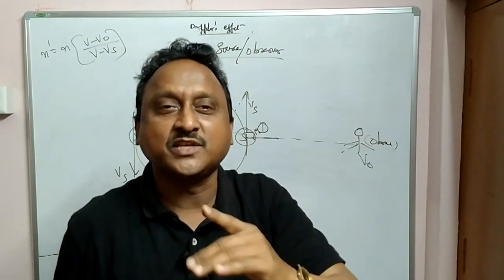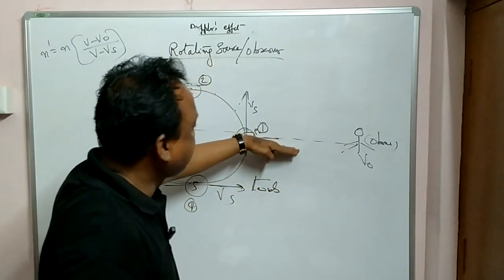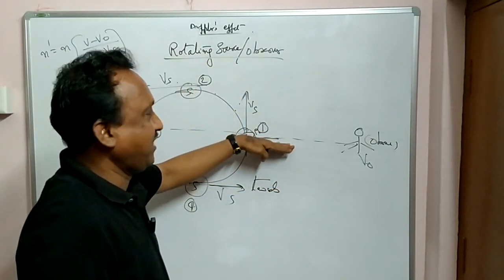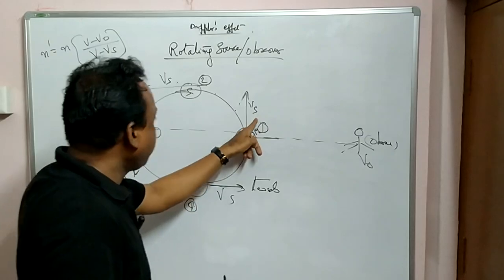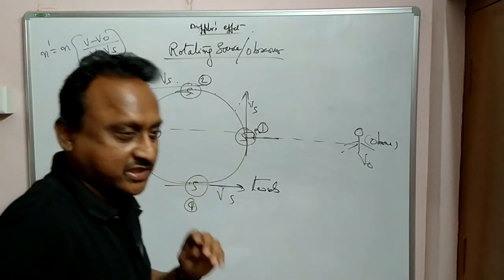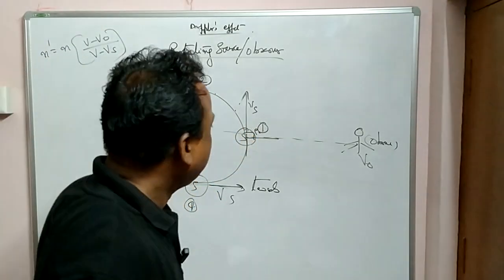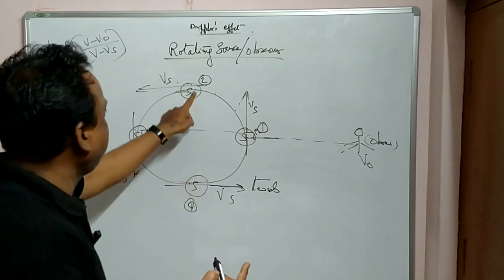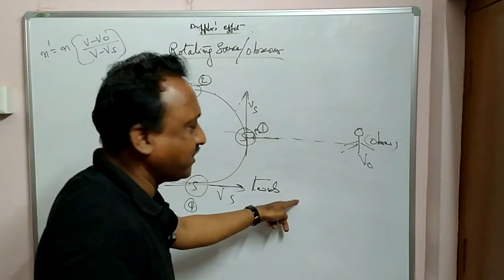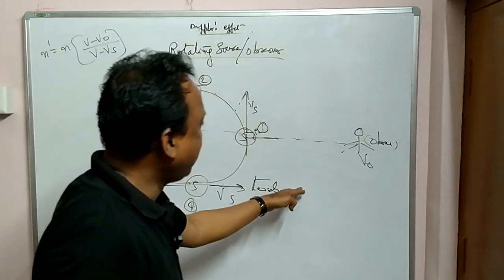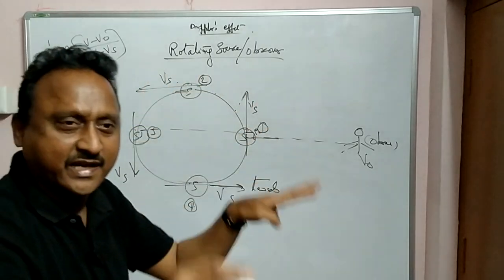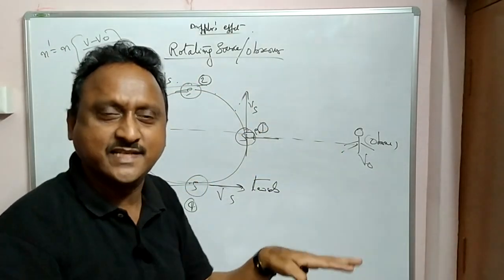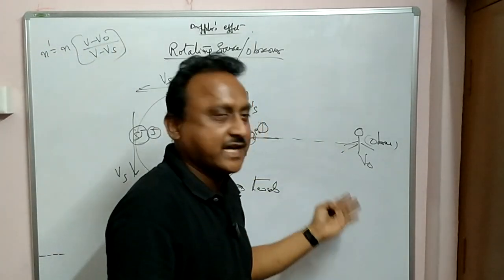So V cos 90 is zero, so along this direction there is no component. So the velocity of the source in this condition is 0. So when is it maximum or minimum? When the source is going away and coming towards. When going away the sound decreases, an apparent change in the frequency. Coming towards again it is increasing.